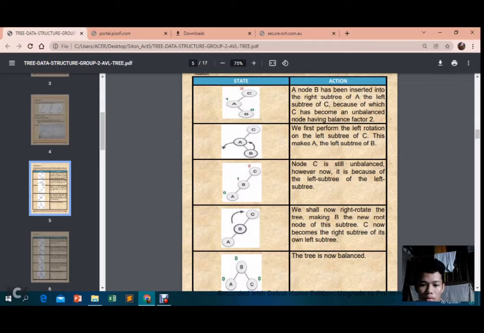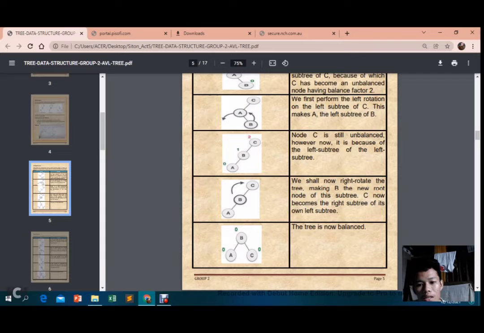And in the next image it shows that we shall now rotate the tree, making B the new root node of this subtree. C now becomes the right subtree of its own left subtree. And for last, this image shows that the tree is now balanced.